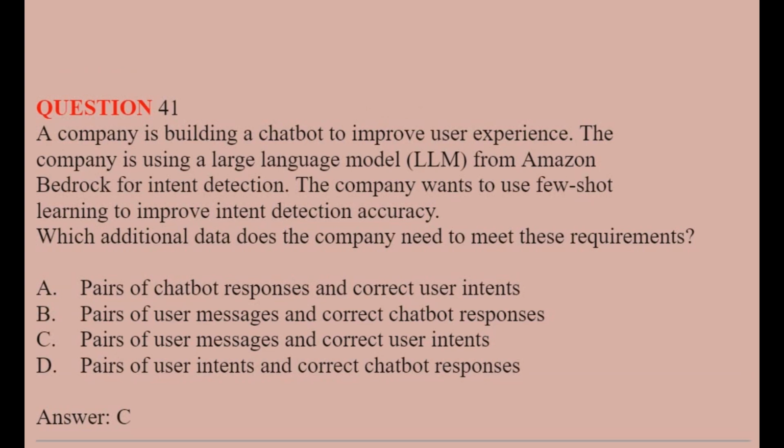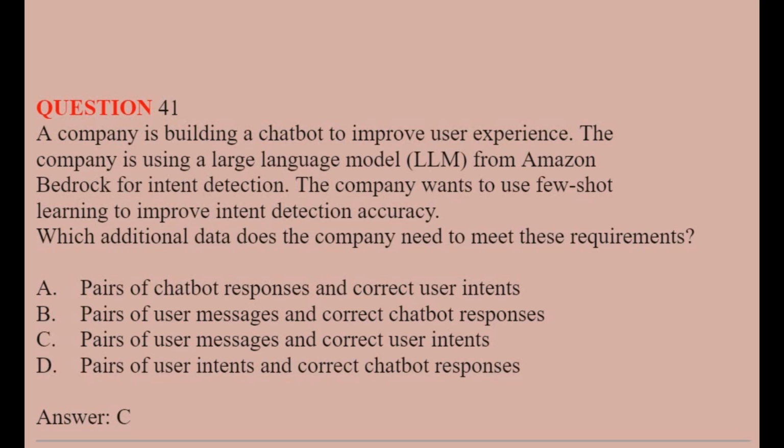Question is, a company is building a chatbot to improve user experience. The company is using a large language model LLM from Amazon Bedrock for intent detection. The company wants to use few-shot learning to improve intent detection accuracy. Which additional data does the company need to meet these requirements?